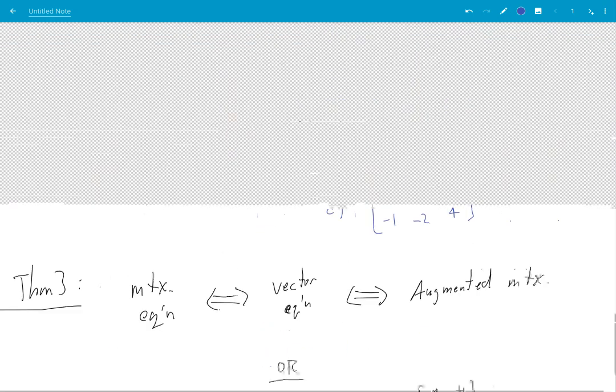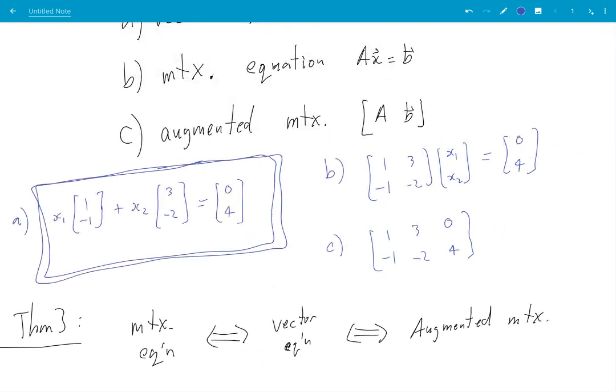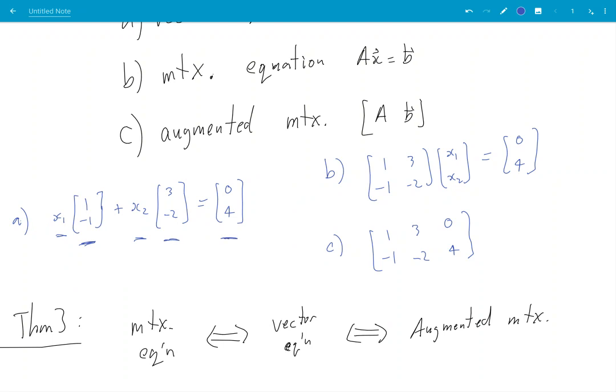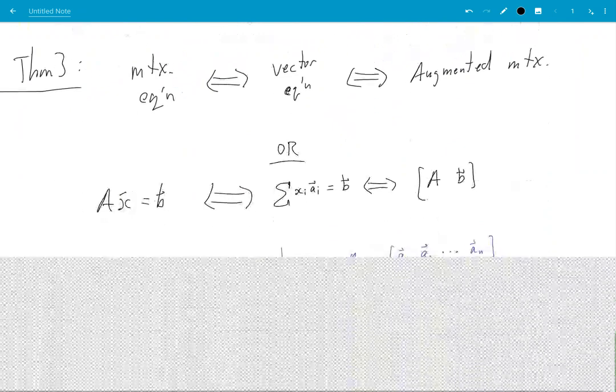It's what we had here. So this is x1 times the vector a1, and x2 times the vector a2, and then b over here. Okay.